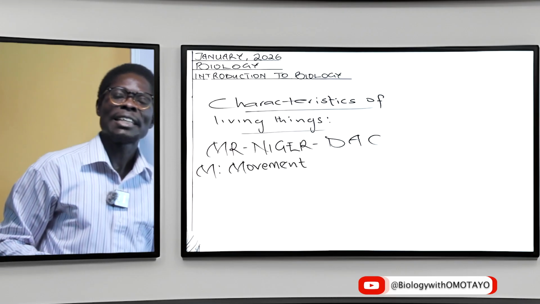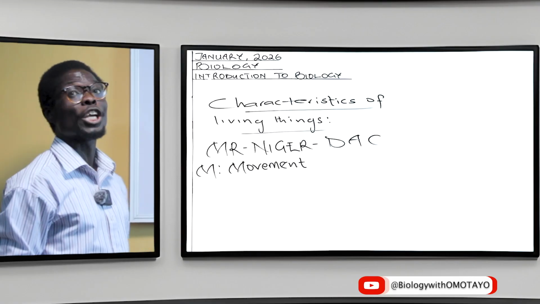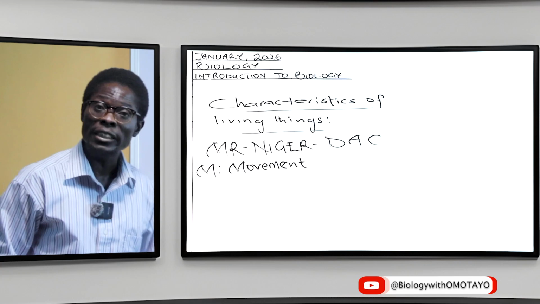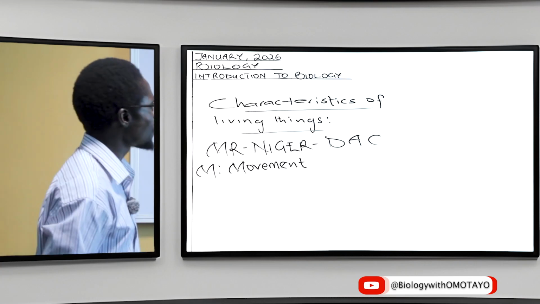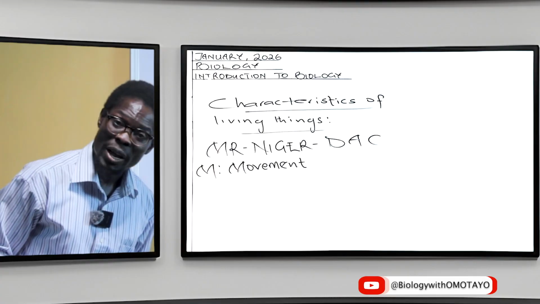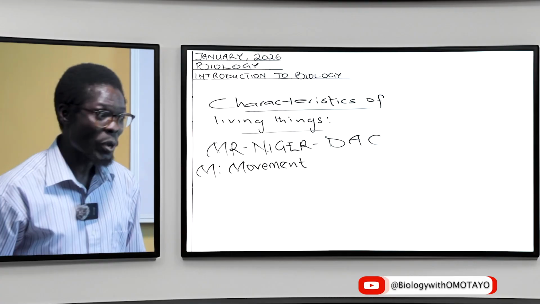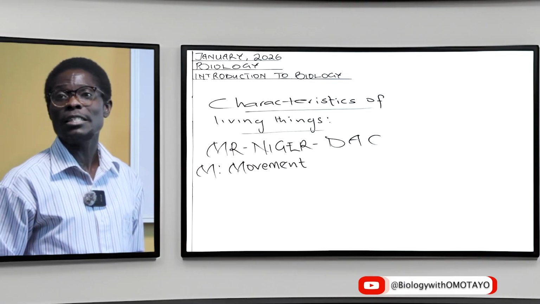It is expected that living organisms should be able to move. That is, they should be able to change position. Movement from place to place is known as locomotion. However, the type of movement experienced by living organisms varies because we have what we call taxis movement.